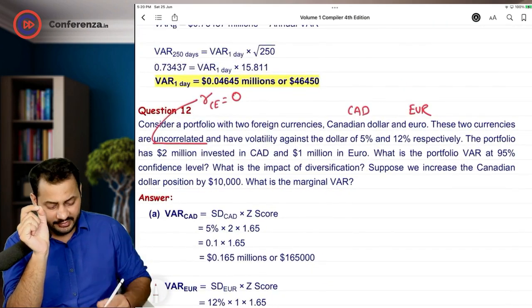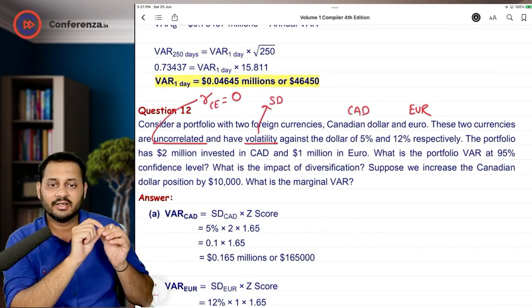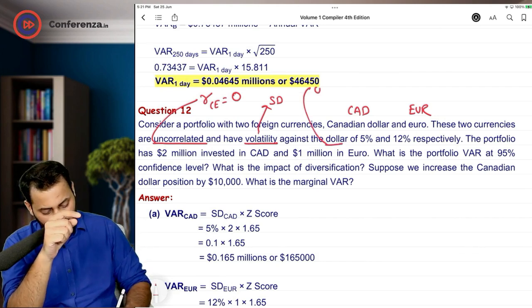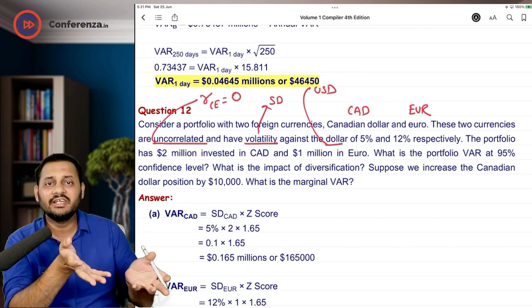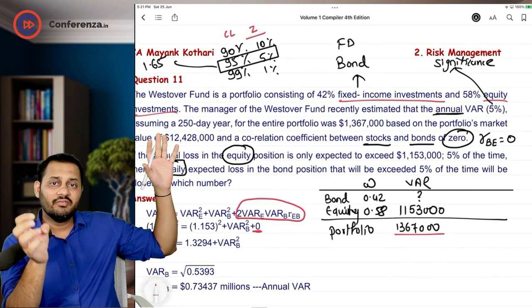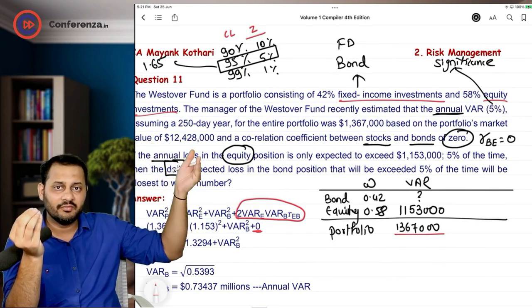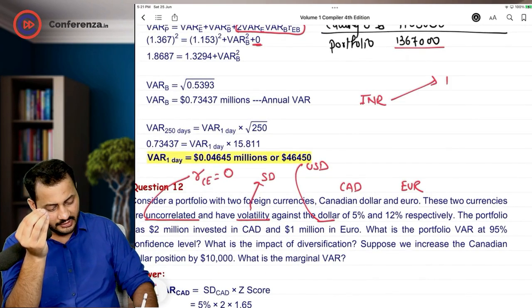And they have volatility. Just underline the word volatility and write here, standard deviation. Volatility against the dollar of 5% and 12%. What is this dollar? This is the US dollar. This is the currency that you are investing in Canadian dollar and euro. Like in the earlier example, we were investing rupee into fixed income securities and equity; we had INR and we were putting that amount into bond and equity.